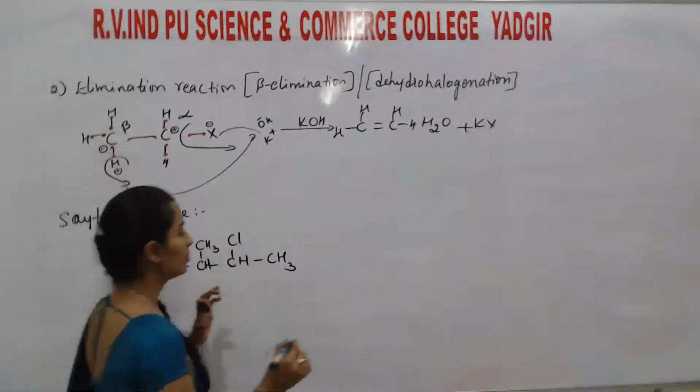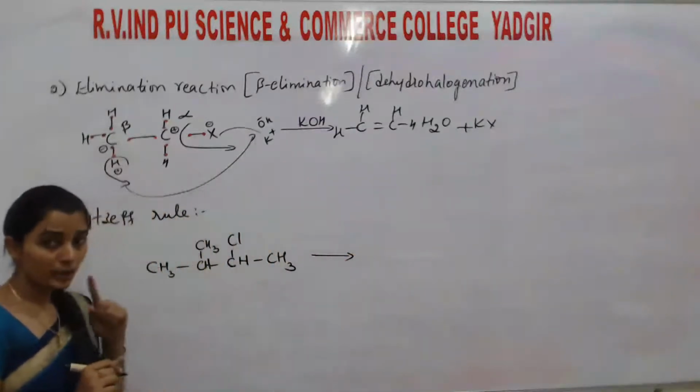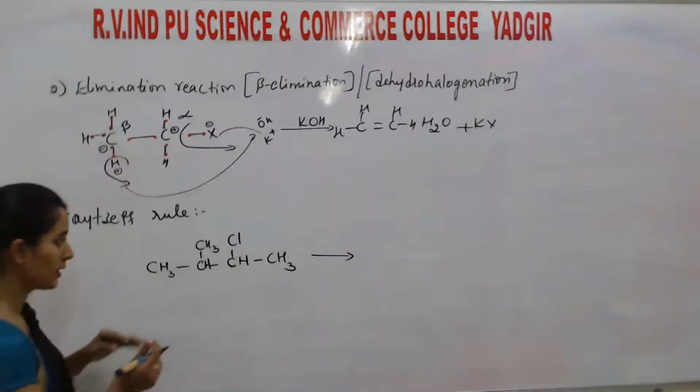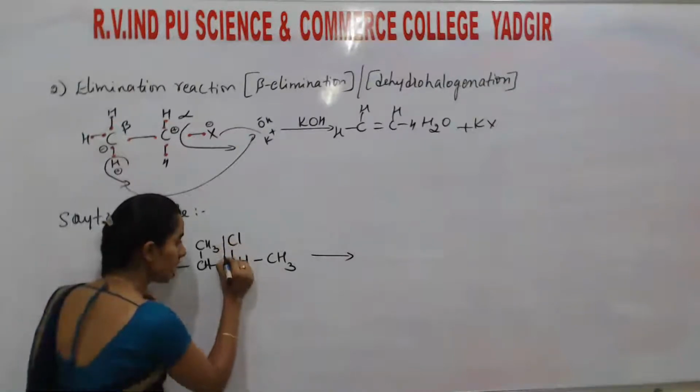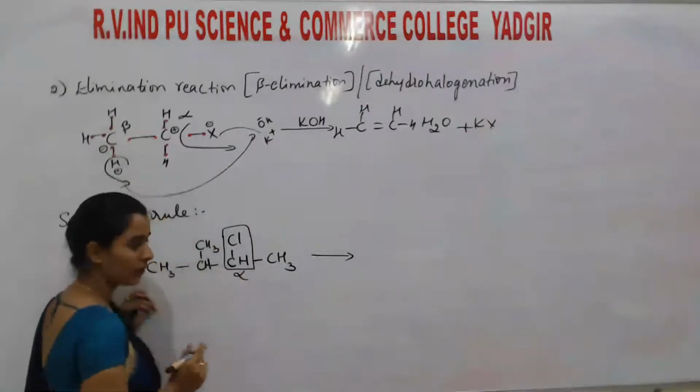Here we have to do beta elimination. There may be a possibility of 2 products here. This is the halogen attached to the carbon atom, this is the alpha carbon.